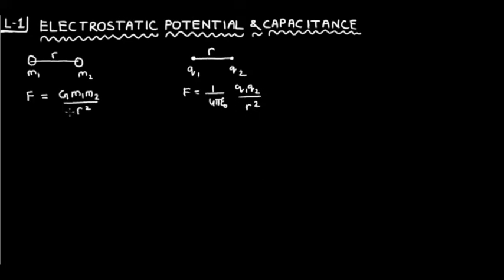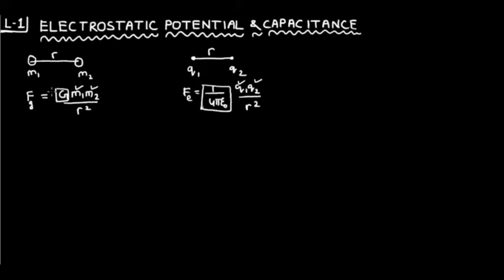So if you look at the two equations, they look similar. This is Fg, the gravitational force, and this is Fe, the electrostatic force. So here we have a constant G, and here we have a constant 1 by 4 pi epsilon naught, and then we have the product of the two masses m1 into m2, and here we have the product of the charges q1 and q2, and both these forces obey the inverse square law of distance.